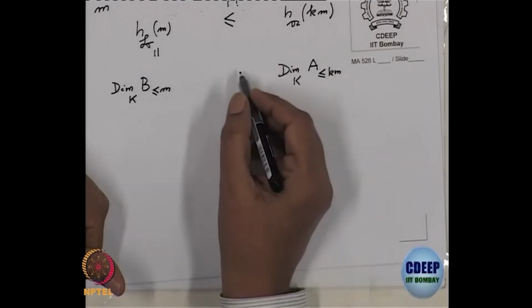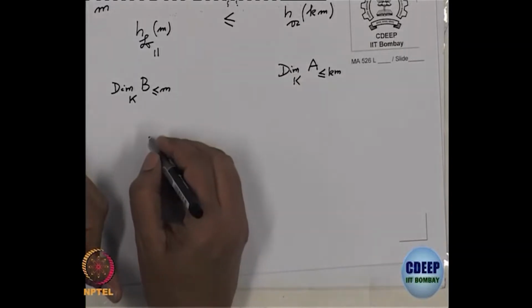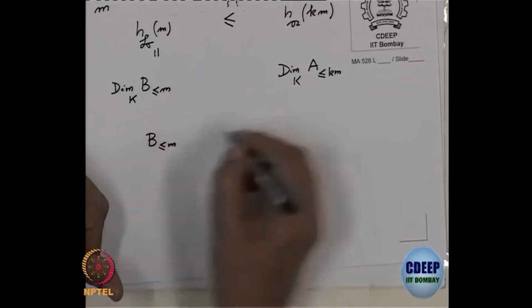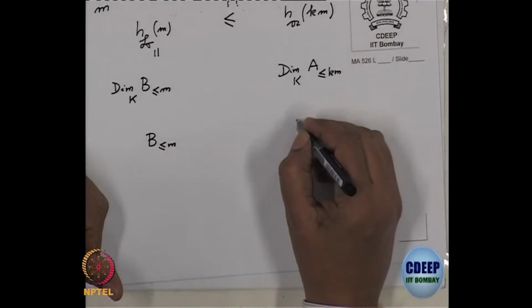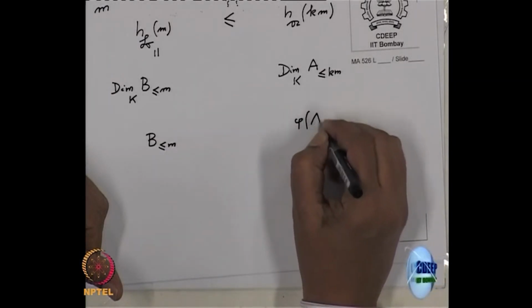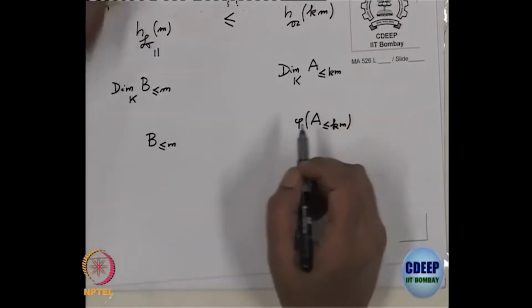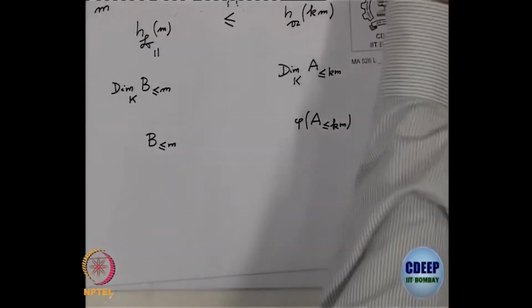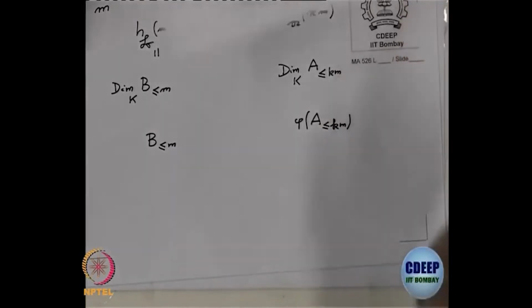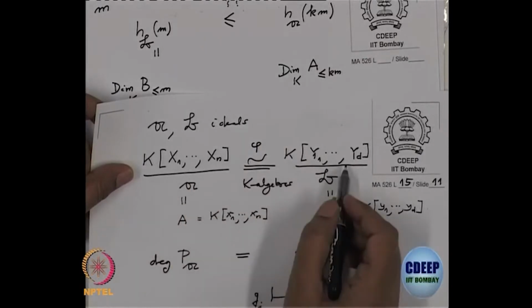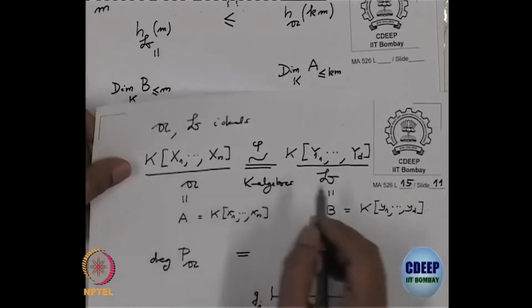So, enough to prove that this vector space B less or equal to m is a subspace of phi of A less or equal to km. See, phi is an isomorphism, that was phi. So, whenever I have somebody here, I just push it there, and that is an isomorphism.